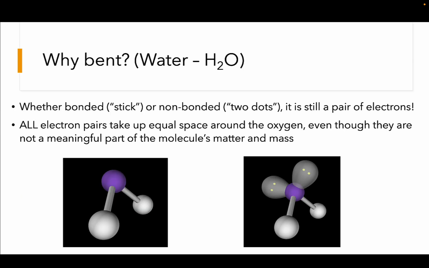So why is water bent, right? Let's look at the following depictions and remember that when we consider our pairs of electrons, of which there are covalent bonds, the sticks, or non-bonded electrons, two dots, it's still a pair of electrons. And electrons are negatively charged, and because they're negatively charged, they all want to push apart from each other and take up equal space around the oxygen. And so because of this, there are two lone pairs on oxygen, which are not shown on the left and shown on the right.